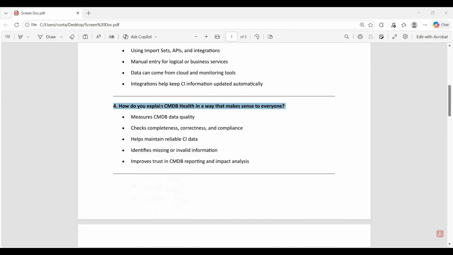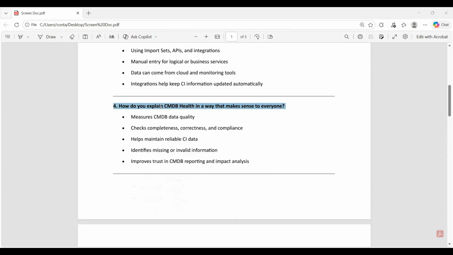Okay. So then we come to the third one, which is compliance. This checks whether the CI is following organizational standards or not, such as correct relationships, proper classes, naming convention, and many other things. Okay. So in ServiceNow, we monitor CMDB health dashboards regularly and continuously to improve the poor quality records.